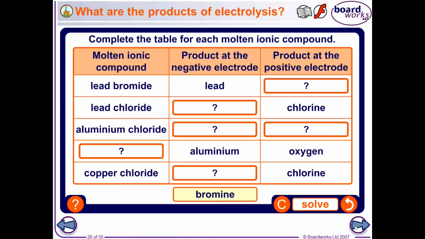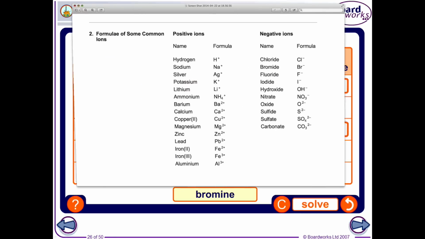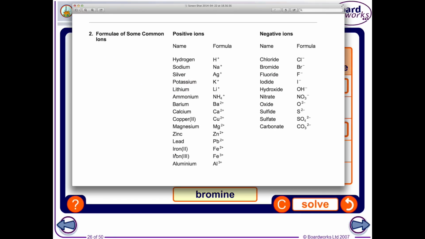Right, okay, so the next bit is to give you some other compounds that you've not heard of before, and we're going to look at what they are broken down into. So over here you've got your compound, and then we're looking at what's given off at the negative, what's given off at the positive. So we're starting with lead bromide, which we've already seen. Now again, you've got to have the data sheet here. So lead positive, and we can see that Pb2+ there, and bromide negative.